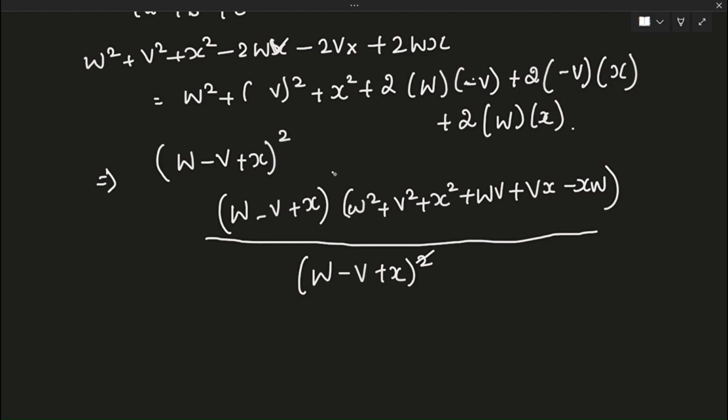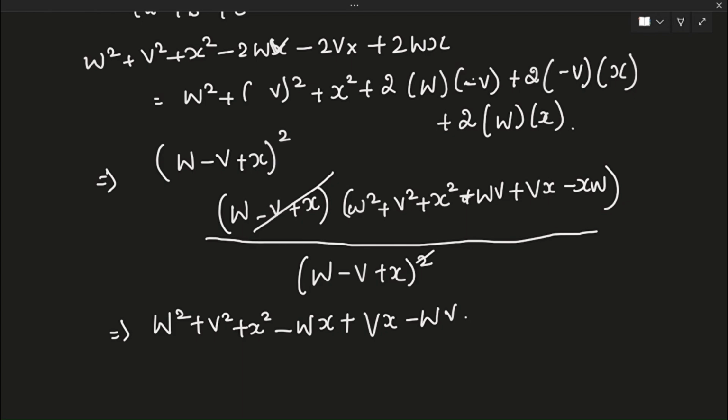So this square and this will be cancelled. Yes, so what is left out? So w square plus v square plus x square minus wv plus vx minus xw, actually here it is minus, divided by the denominator.